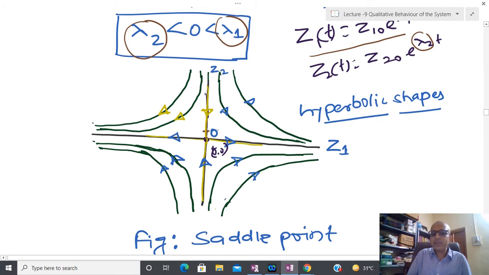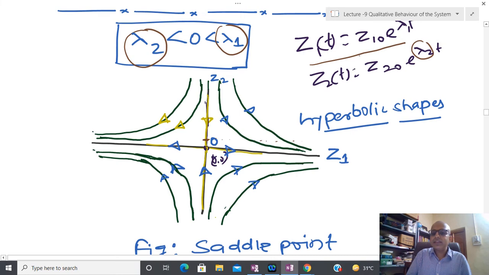For the time being I have taken this initial condition where I fix some number for Z2, and then I vary Z1, and we see the response. Since lambda 1 is positive, if the initial condition of Z1 increases, what about the behavior of Z2? That is going to decrease.